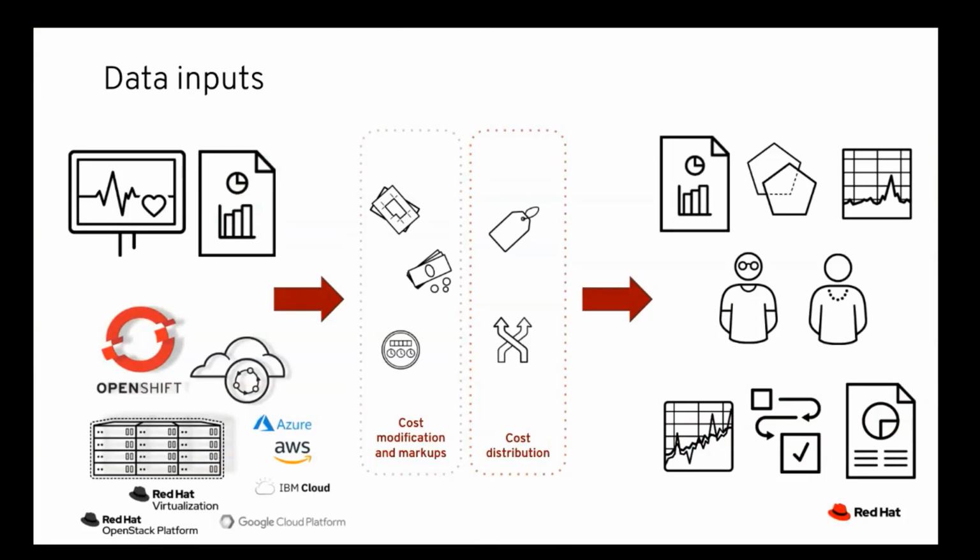And then we use that information to provide you the dashboards and the API, so you can use that information further to generate your reports, to identify trends, or just make your decisions.